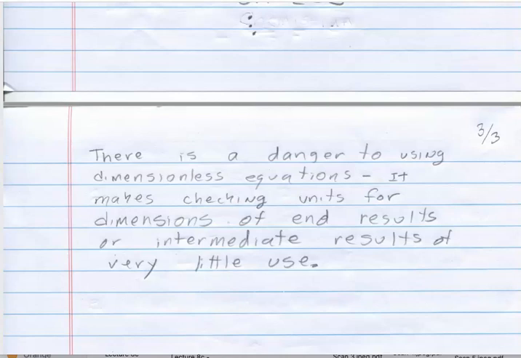And certainly at the end, if you're computing a length and it didn't come out to have meters for the result, then you knew that something was wrong because it wasn't dimensionally correct. When you use these dimensionless forms and solve those, you're able to do very little of this dimensional analysis to check results. And so that's one of the dangers of the system.